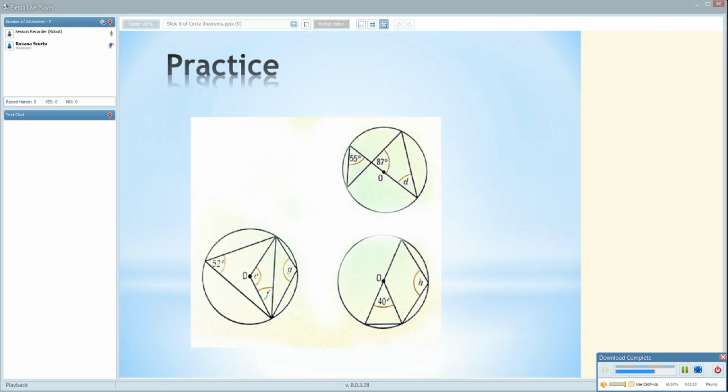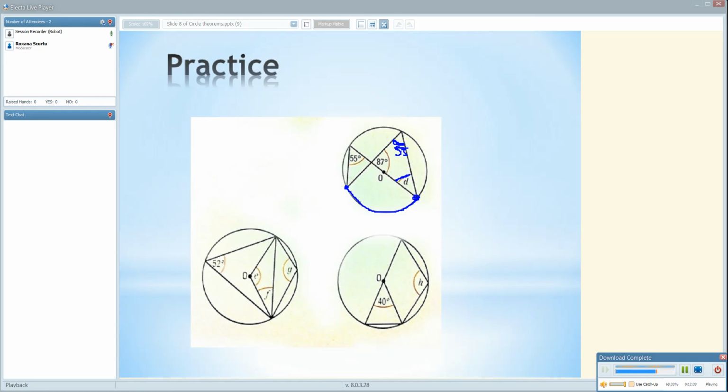Now let's see, which one should we do first? Okay, so we have to find out angle D here, yeah? Okay, as you can see, this chord, yeah, there are two angles starting from here, ending here. There's this one which is 55 and there's this one which is also 55 because it starts from the same point, yes, and it has the same arc.